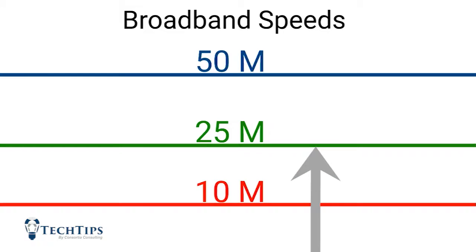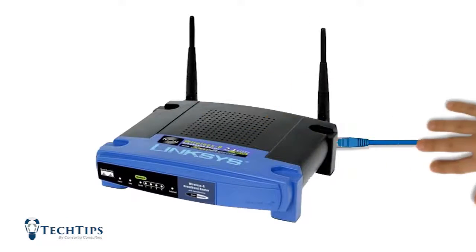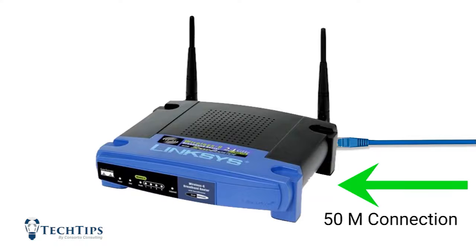There may be certain times of the day or situations when you aren't getting the full 25, but it should be at least close. If you are frequently showing much less than 25, the problem may be at the equipment in your home. If you have an older router or a router that wasn't made to handle the higher speeds, it may max out at 5 or 10 megs. It's blocking the rest of the bandwidth from being distributed in your home.